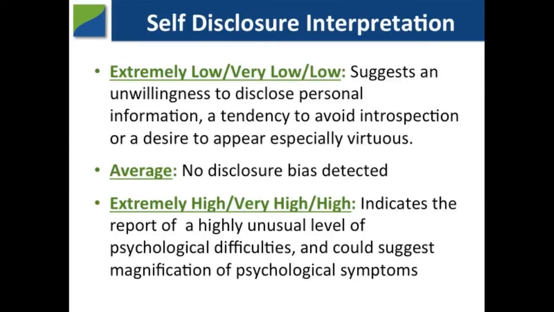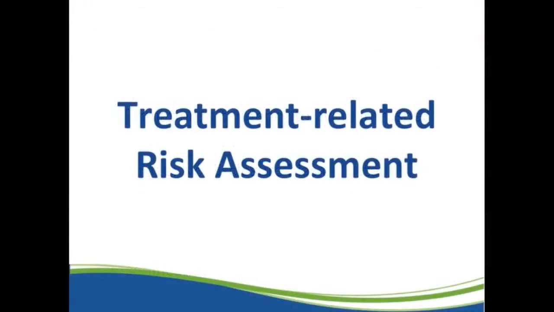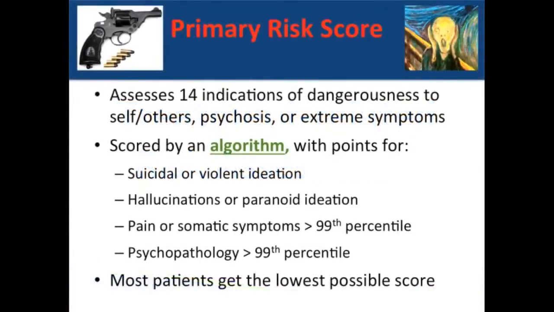Let's move on now to treatment-related risk assessment on the MIR. The primary risk score assesses 14 indications of dangerousness to self and others, psychosis, or extreme symptoms. As mentioned before, it's scored by an algorithm, with points awarded for suicidal or violent ideation, both of those get a point, hallucinations or paranoid ideation, pain or somatic symptoms above the 99th percentile, and psychopathology above the 99th percentile.